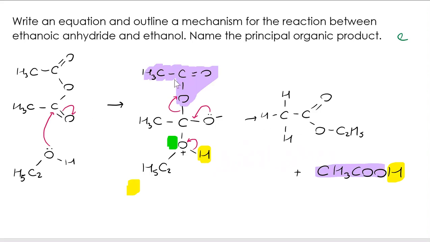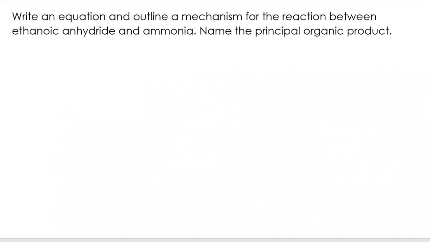Our H and our H plus and our CH3COO- coming together to make that secondary product. And you can also see the OC2H5 from the alcohol has become the extension that's made it into an ester. So let's move on and look at the same one with ammonia.